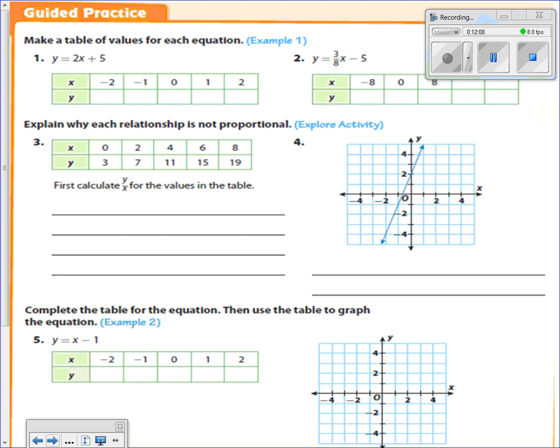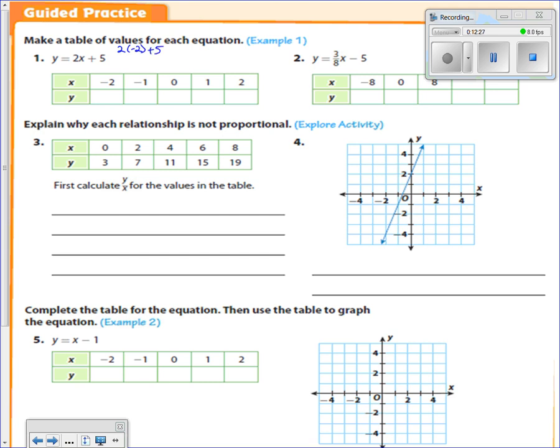Okay, let's look at something we got in practice. We're going to make a table of values for each equation. All right, so y equals 2x plus 5. So I'm going to plug -2 in for x. So 2 times -2 plus 5.